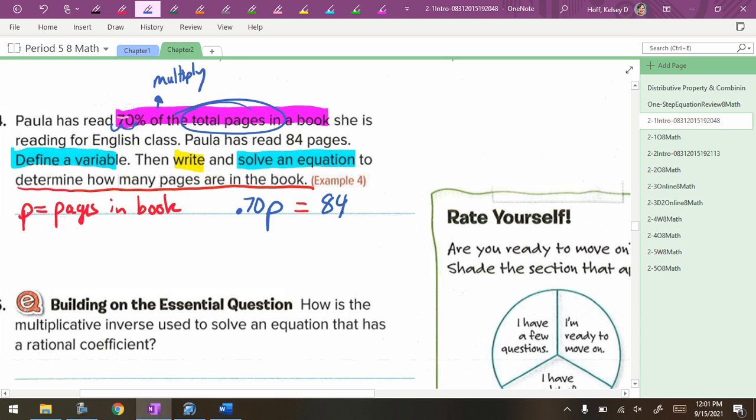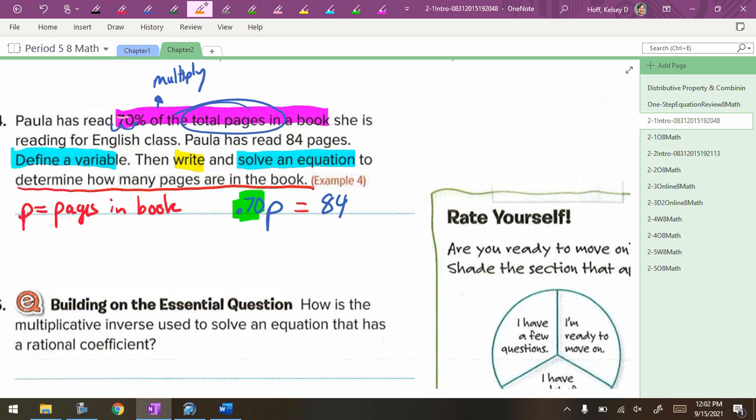Identify your coefficient. Gabriel, what's your coefficient? 0.70. How do I get rid of a decimal coefficient? Parker, how do I get rid of a decimal coefficient?